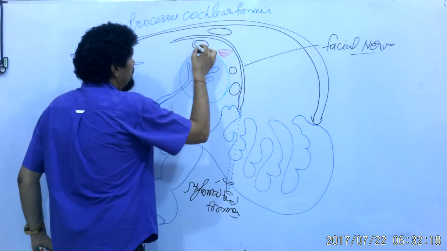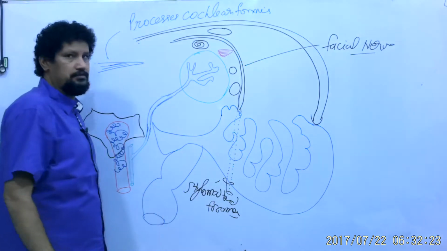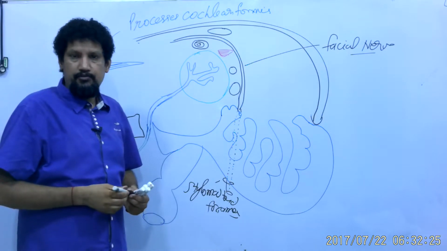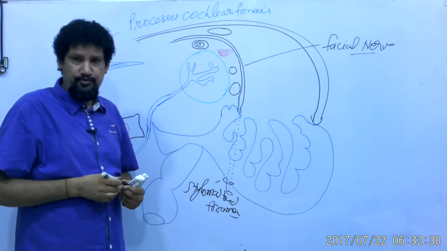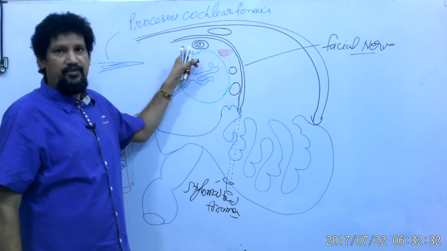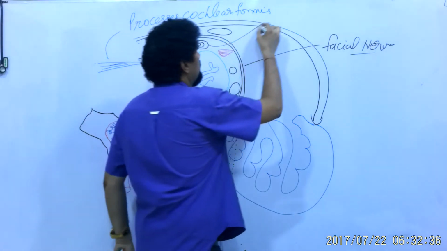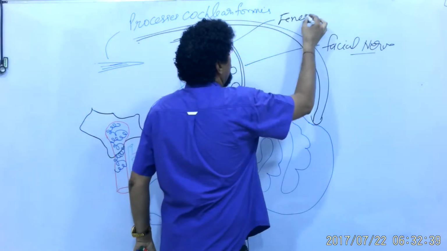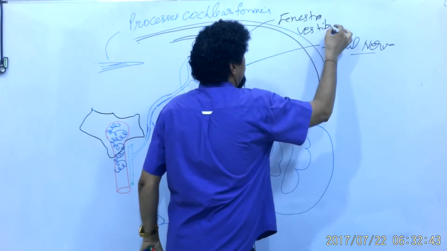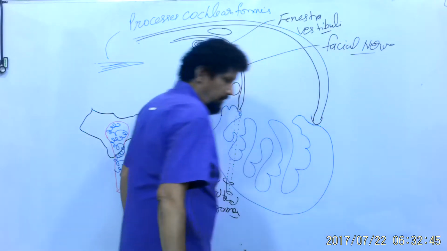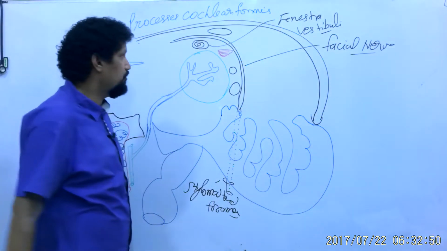This oval opening, produced by the vestibule and opening into the vestibule, is known as fenestra vestibuli. This is the oval opening, so this is also known as the oval window.